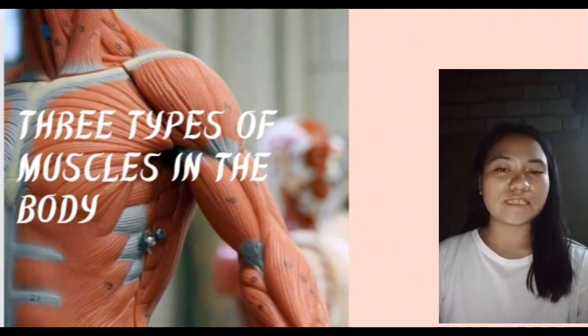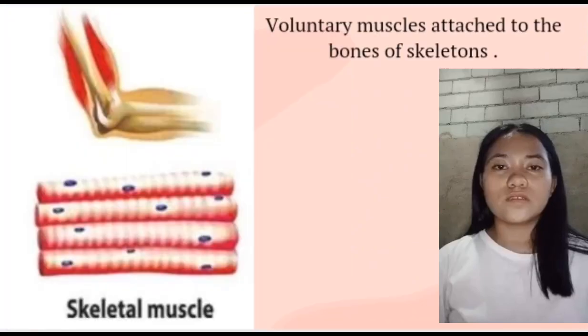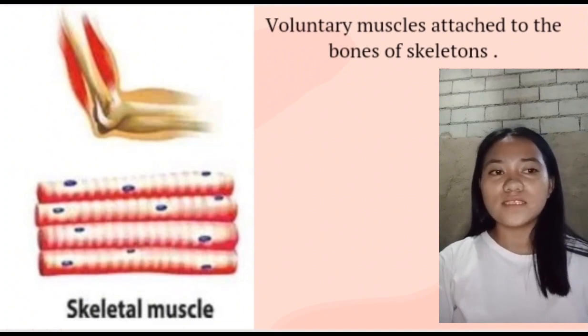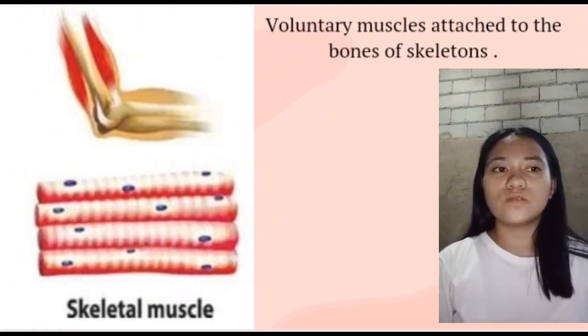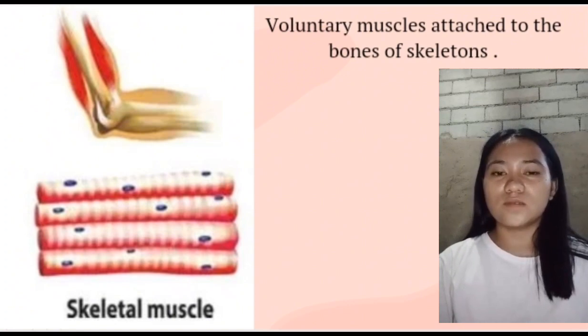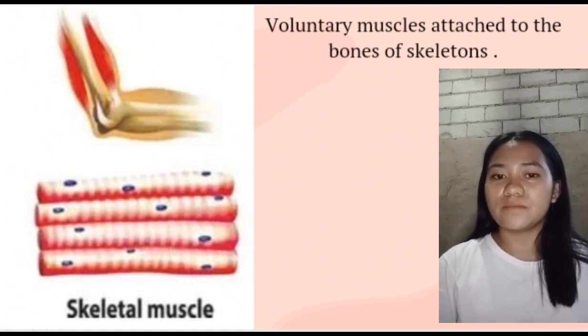First is the skeletal muscle. This is a voluntary muscle that attaches to the bones of the skeleton. Skeletal muscle is specialized tissue that is attached to bones and allows movement.